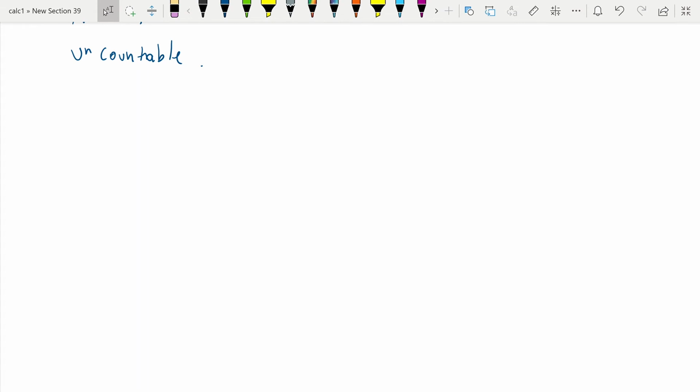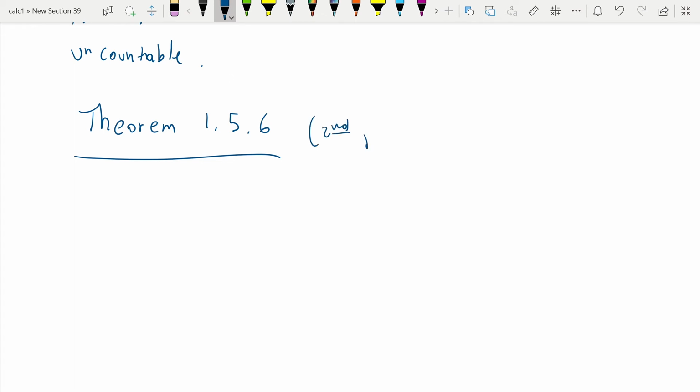So this is the second part of Theorem 1.5.6 in the book. The first part is just that the set Q is countable. I'll leave it up to you to look at it; let's just use the same notation as they do.